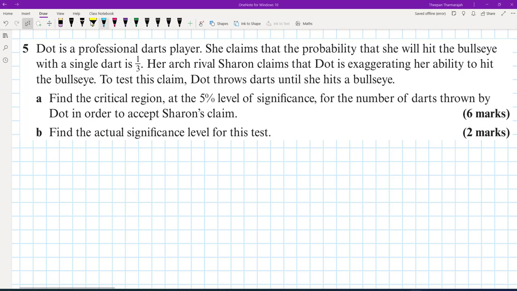So we're going to do, as always, define our random variable. So we do it as follows.